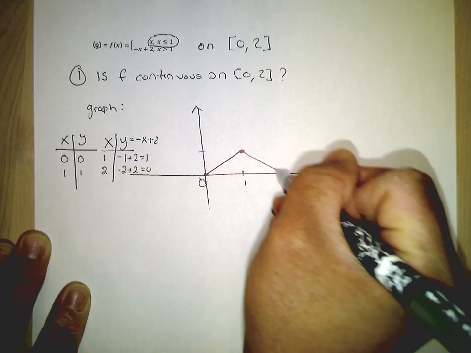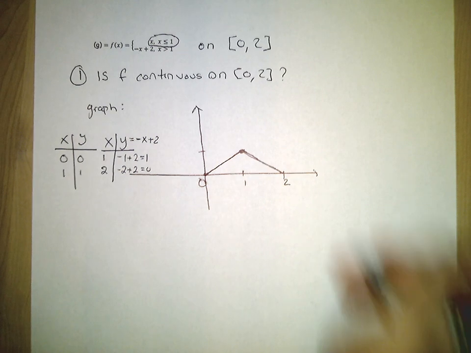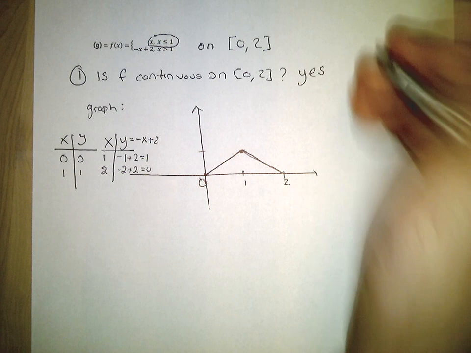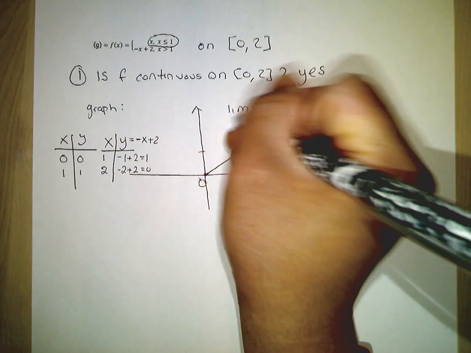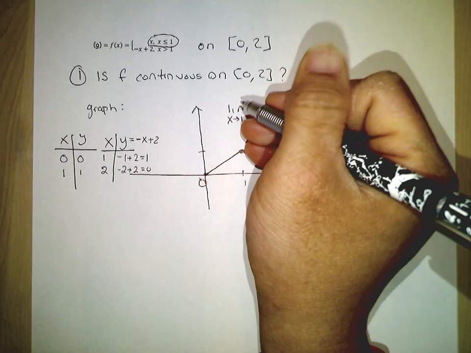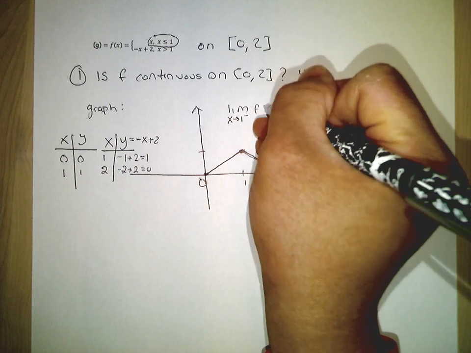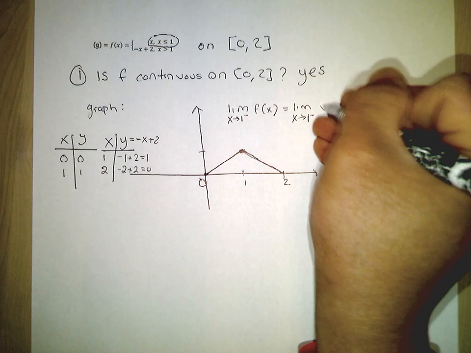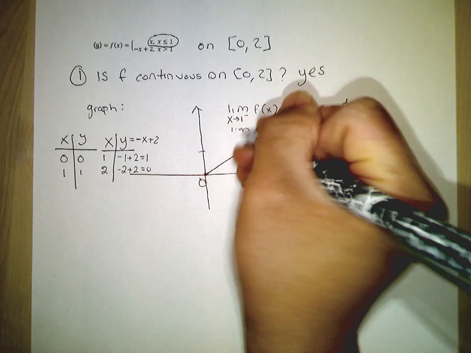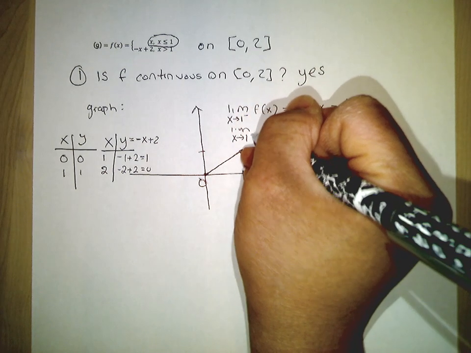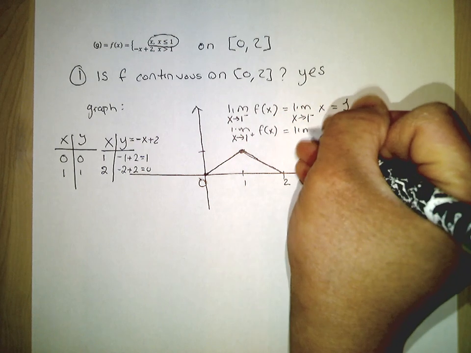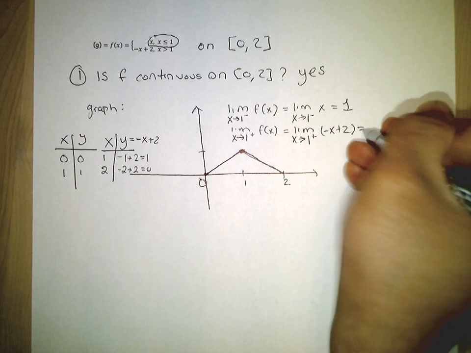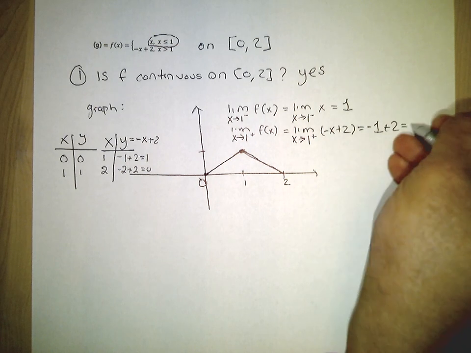And we see that this is continuous because the limit as x approaches 1 from the left of f of x is the limit as x approaches 1 from the left of x, which is 1. And the limit as x approaches 1 from the right of f of x is the limit as x approaches 1 of negative x plus 2, so it's negative 1 plus 2, which is 1.